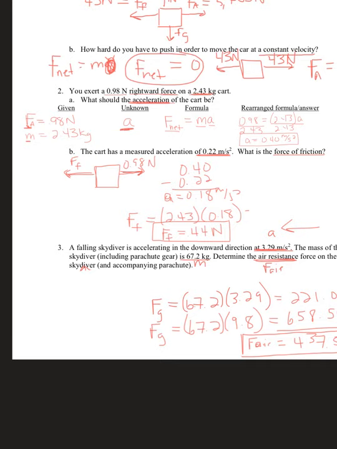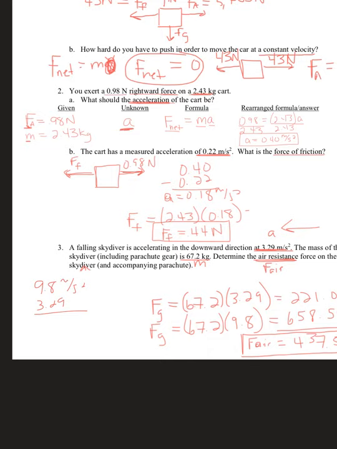So I know that my mass is 67.2 kilograms. I know that the theoretical acceleration of gravity is 9.8 meters per second squared, and I know that the measured acceleration is 3.29. And let's find the difference between those two numbers.